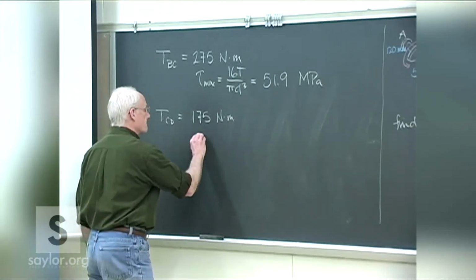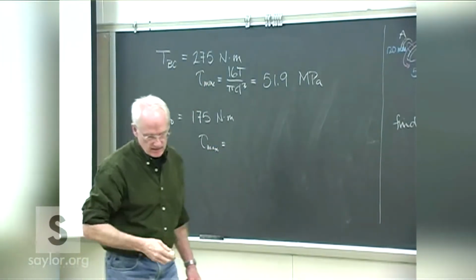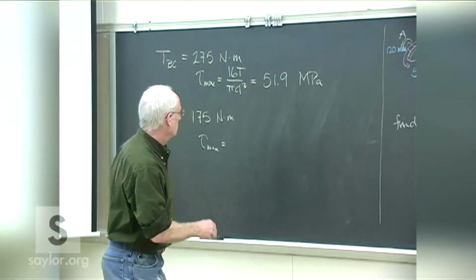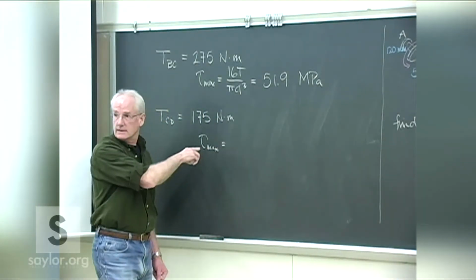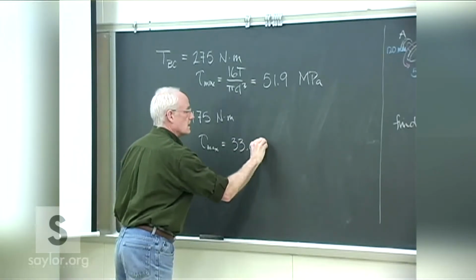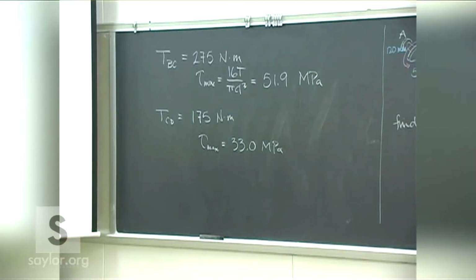So we get this one. Again, 16T over pi d cubed. Travis, you have this one? The maximum shear stress? 33.1. Yeah, something a little, maybe a little bit around up.